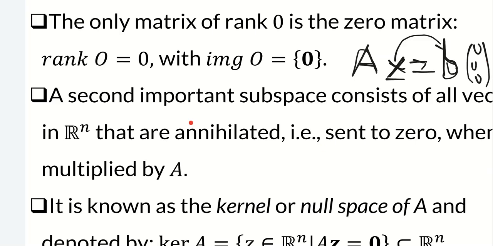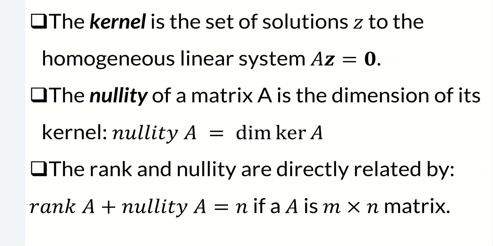The second important subspace is the kernel, which we use to annihilate the vector. So the vector will change: when we get a transformation, we end up getting 0 instead. The kernel is the solution to the homogeneous linear system, as I said. If you multiply, we are getting 0.